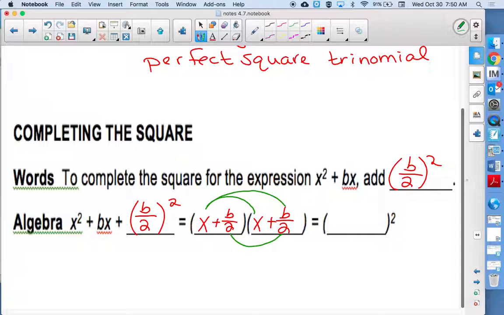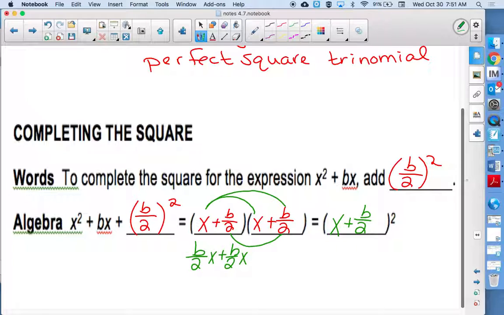That gets me bx, because if I'm adding those two things together, I have two of them, and if I have two of them and I'm dividing it by half, I get that middle value of b. So because I have the same factors in each parenthesis, I can combine them together and make it a quantity squared.